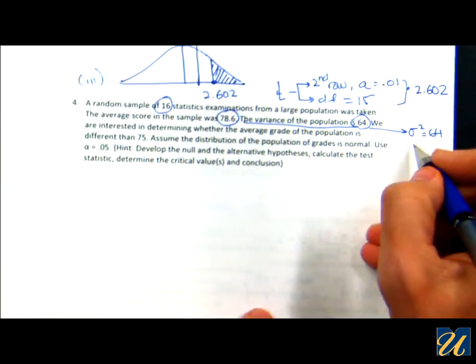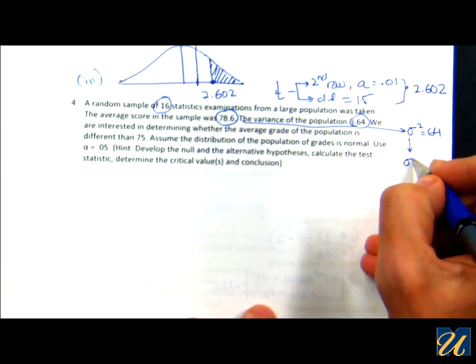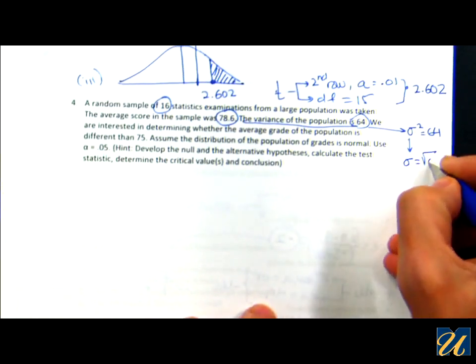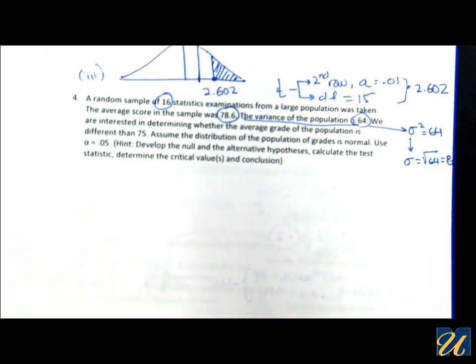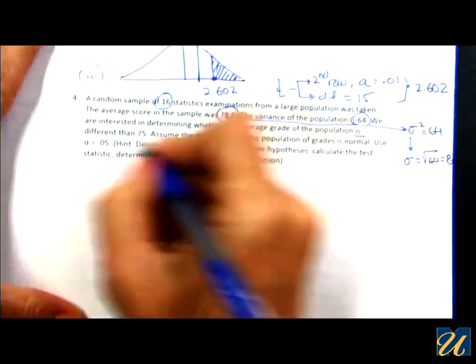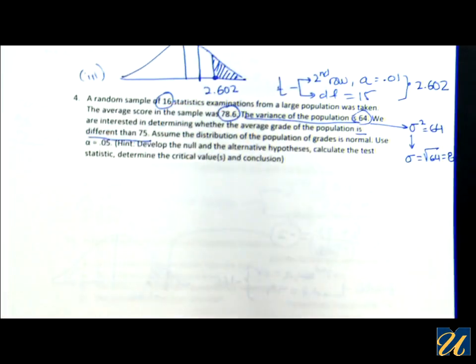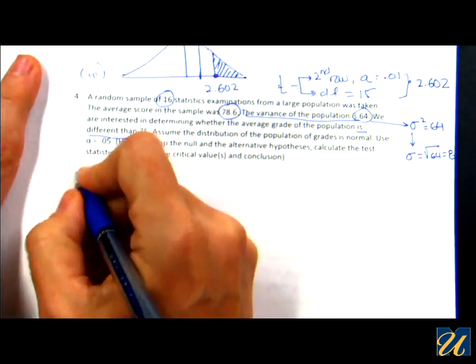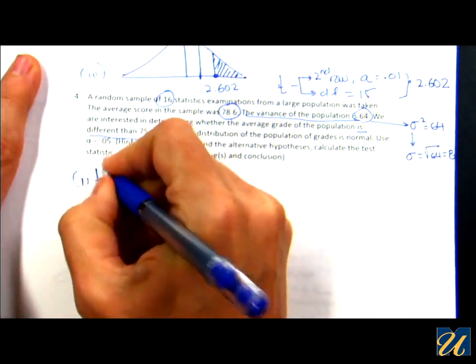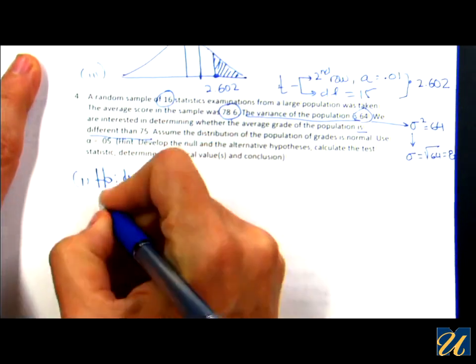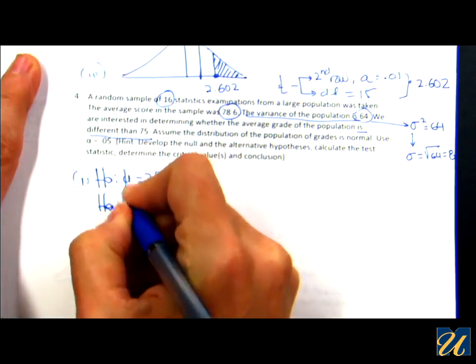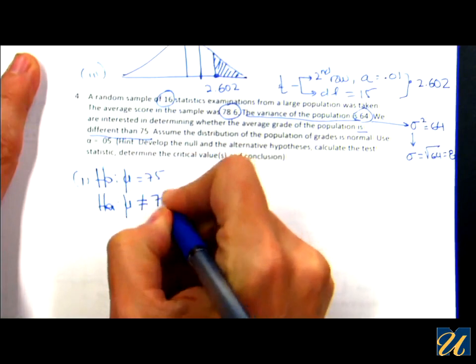To find sigma, you take the square root of your variance, that means 8. We are interested in determining whether the average grade of the population is different than 75. So H0 will have mu equal to 75, HA different than 75.